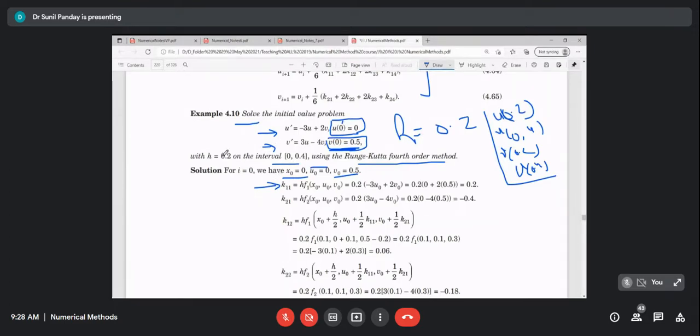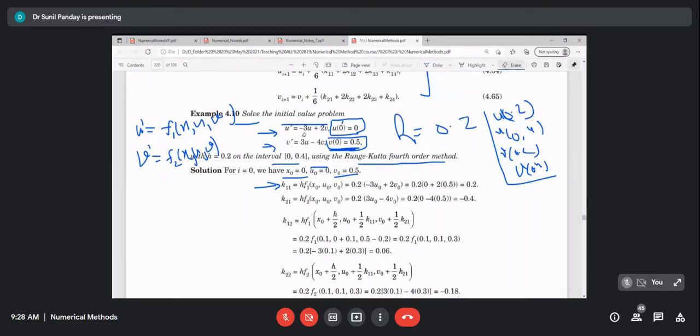So we have to identify u dash equals f1 of x u v, and v dash equals f2 of x u v. These two functions we have to identify from our initial value problem.